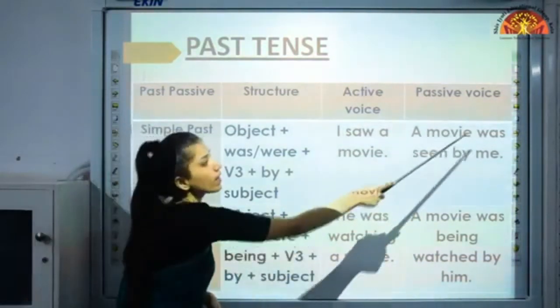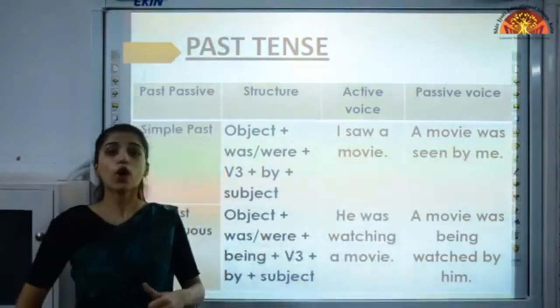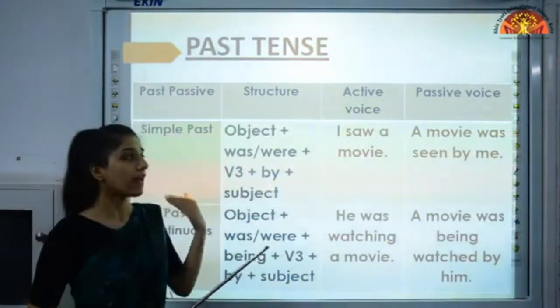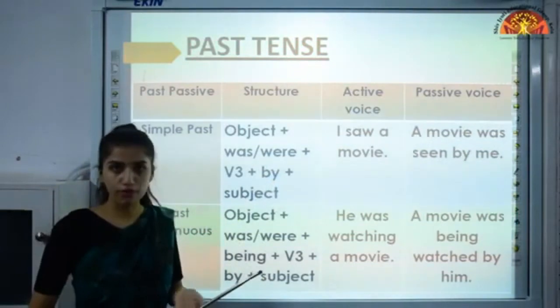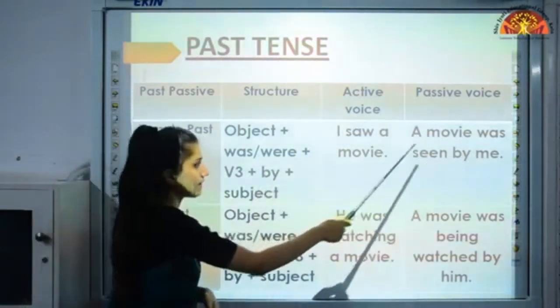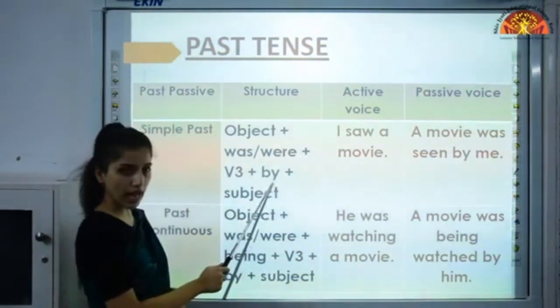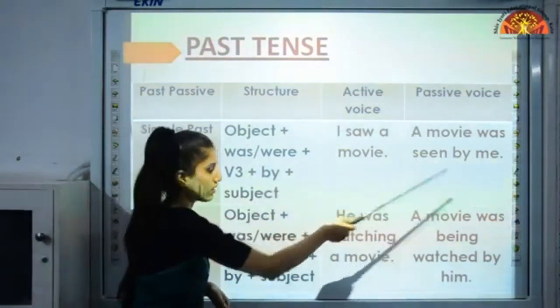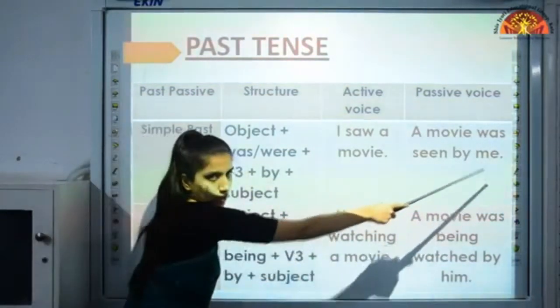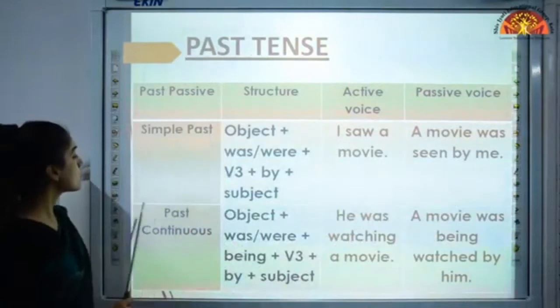So a movie was. Saw is the second form of the verb, and we have to convert it into the third form of the verb. So saw's third form is seen, then we add the preposition by, and then the subject, that is I, and I will be converted into me.